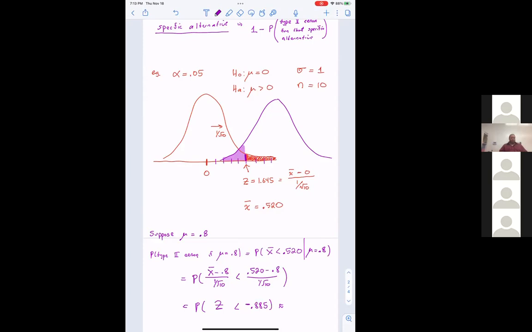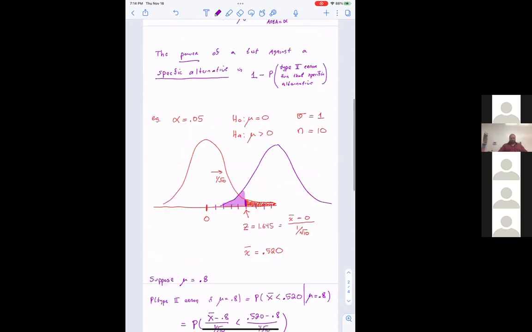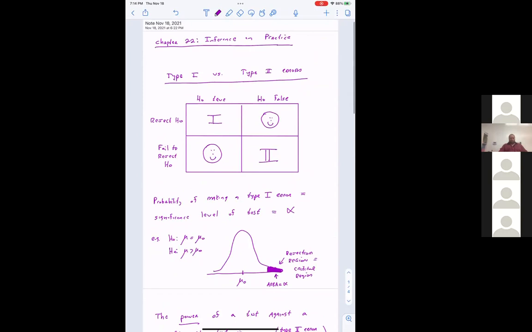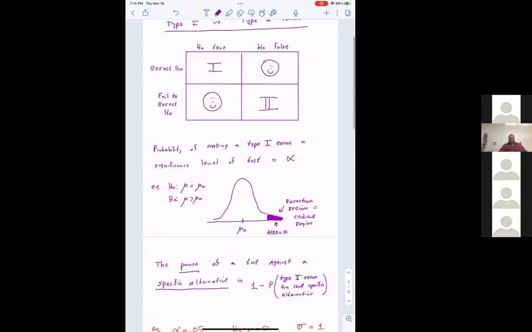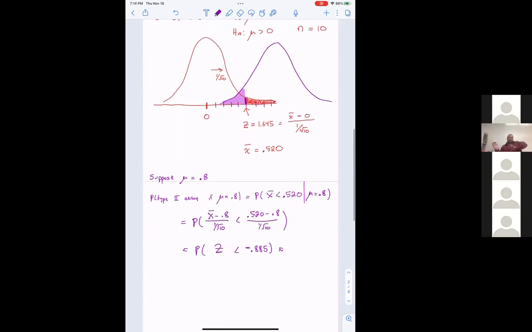So if I want to compute the probability of making a type 2 error when mu is 0.8, what does it mean to make a type 2 error? That means I don't reject the null hypothesis. So I want the left of 0.52, that purple shaded region. I want X bar to be less than 0.520 if mu is really equal to 0.8.